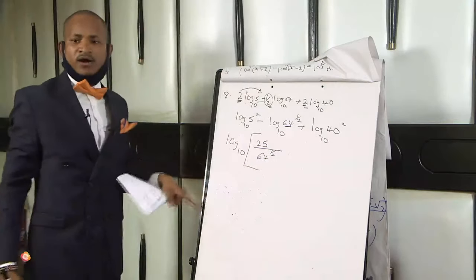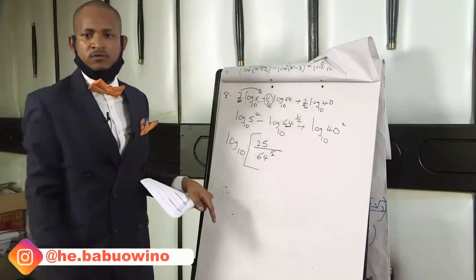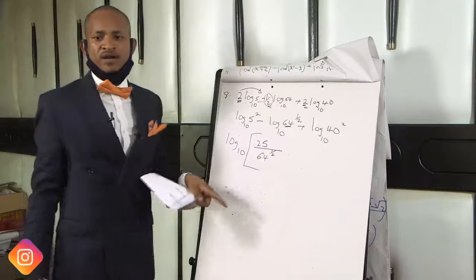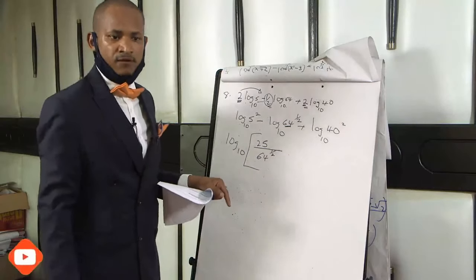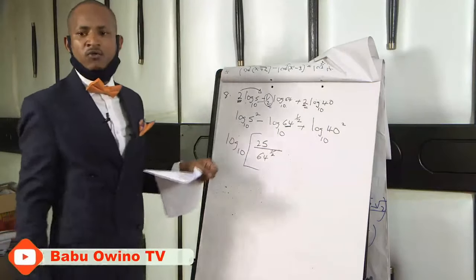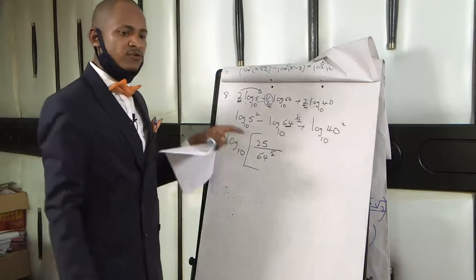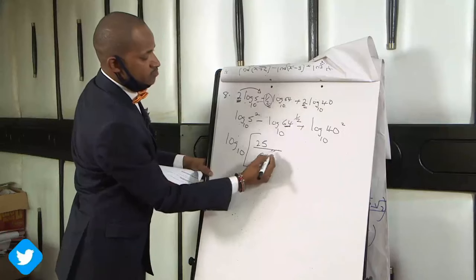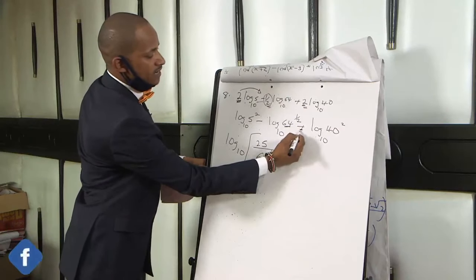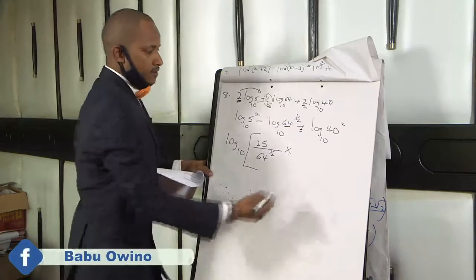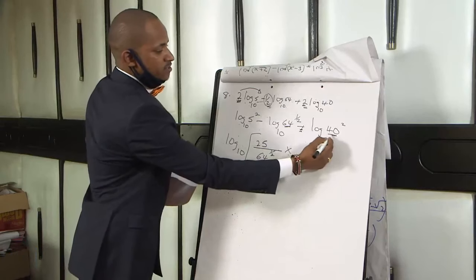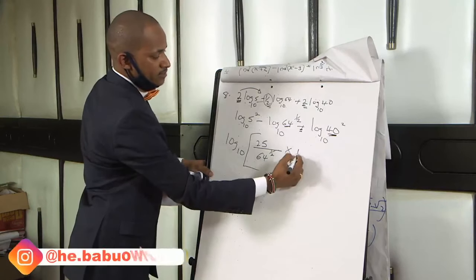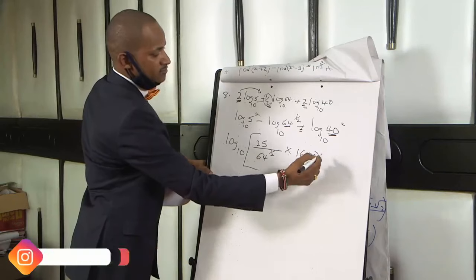A number raised to power half is the same as finding the square root of that number. A number raised to power third is the same as finding a cube root of that number. A number raised to power quarter is the same as finding the fourth root of that number. So therefore this becomes 64 raised to power half, times, because of plus, 40 squared. 40 squared is 1600 from the calculator.